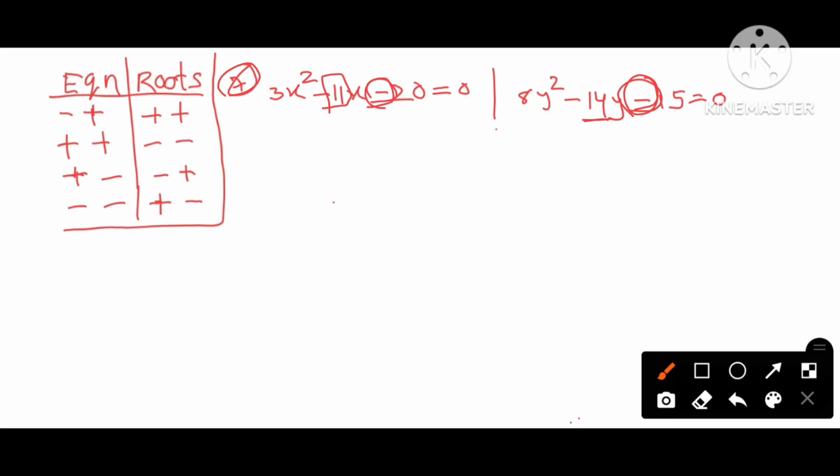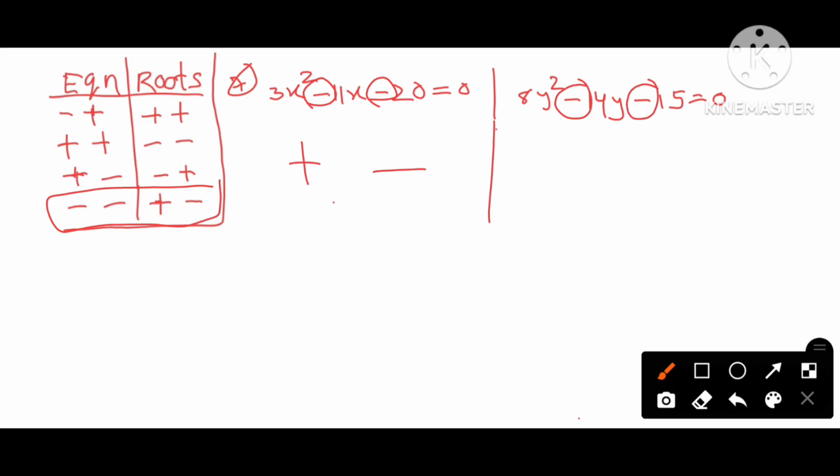But before going into that, here is one most important trick we need to remember. Let's start with the symbols of the roots. Here minus and minus means the roots we get are positive and negative.